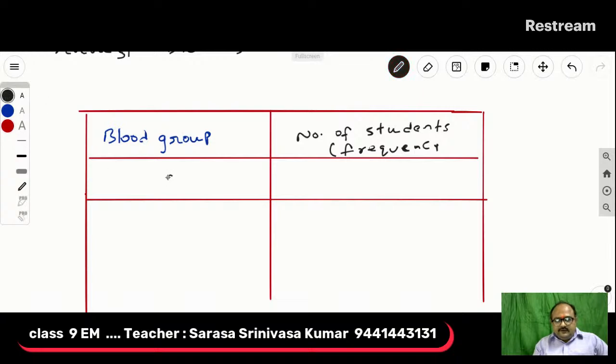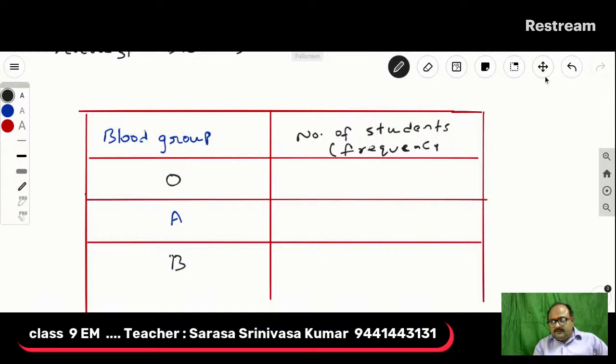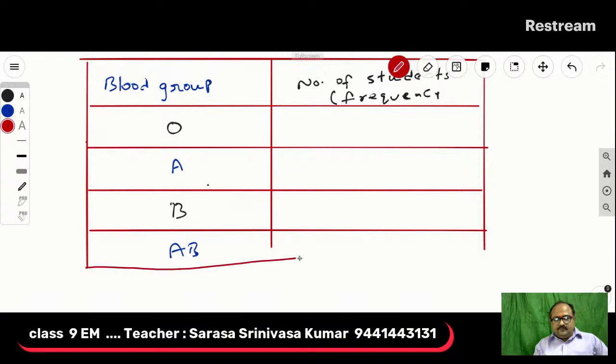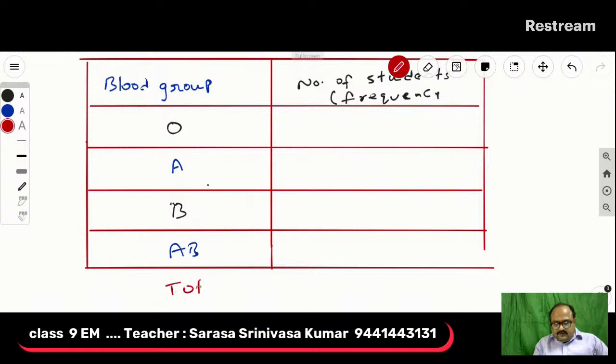Let us note down the groups O, A, B and AB. Next is total.